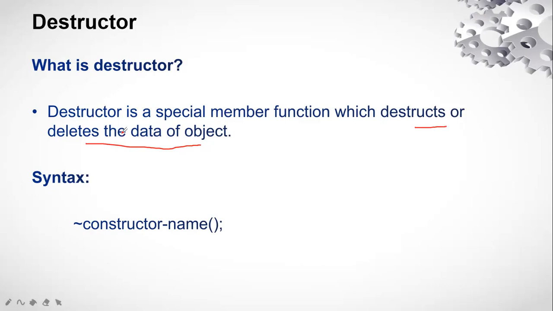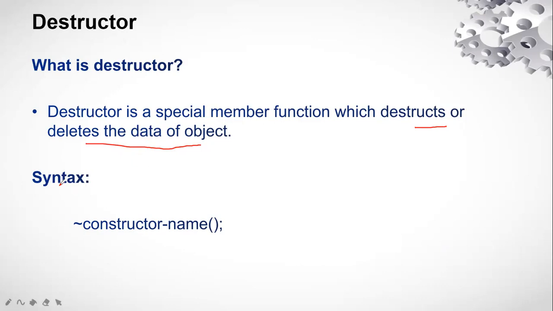So it is doing the opposite job of the constructor. Constructor constructs the object and destructor deletes or destructs the data of the object, right? It releases all the resources occupied by the object, right?